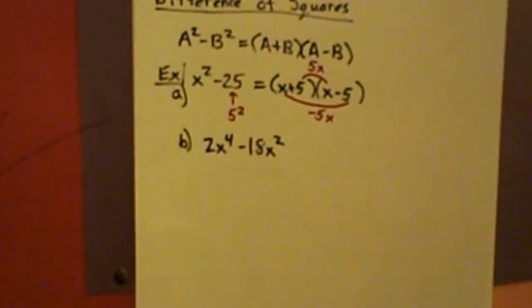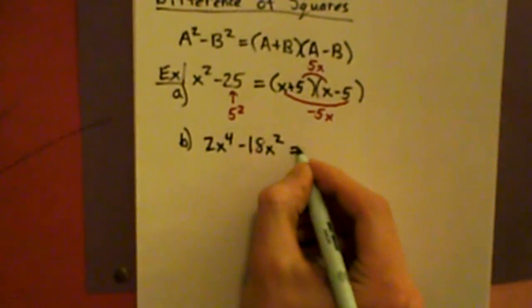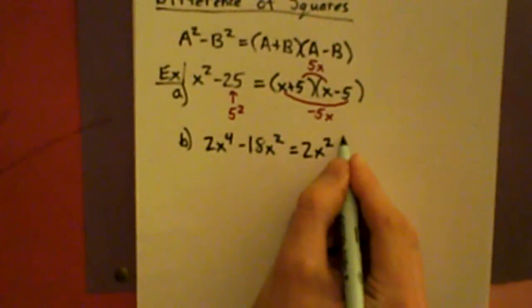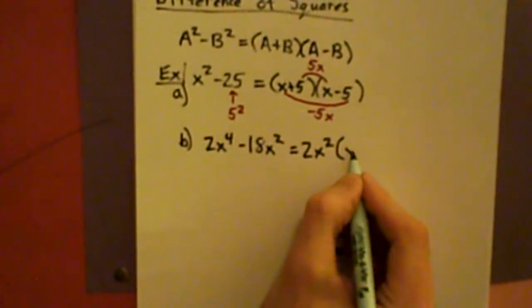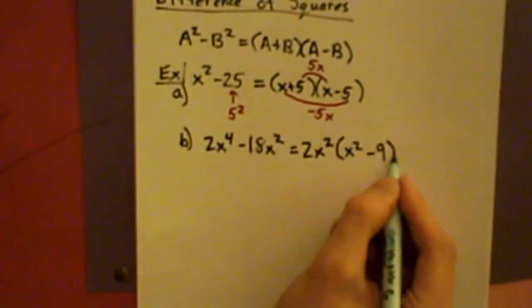Well, that doesn't look like a difference of squares when we first look at it. However, what should we always look to do first? We should always look to factor out the greatest common factor first. And both of these have a 2x squared in common. When I factor that out, I'm left with x squared minus 9.